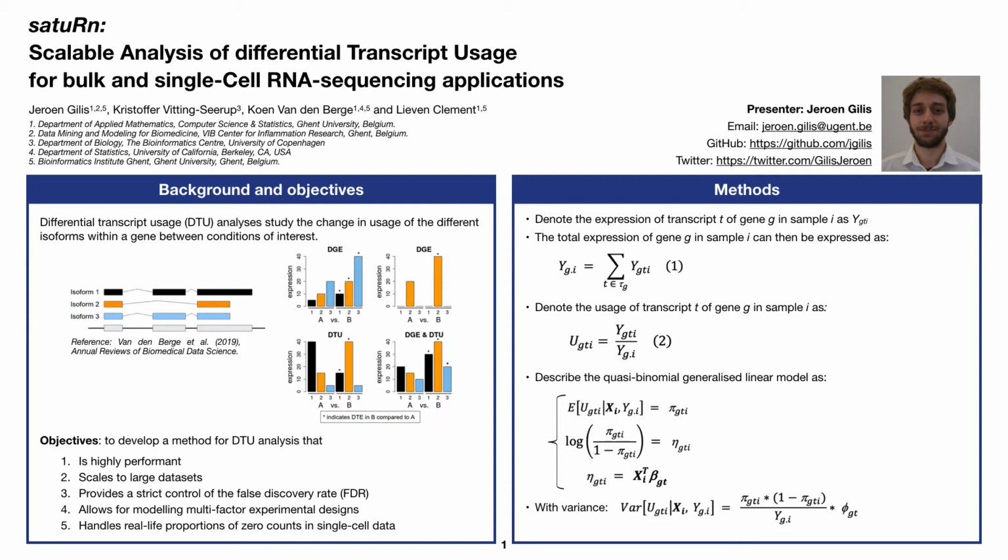Now, when we perform a classical differential gene expression analysis, for instance with edgeR or DESeq2, we focus only on the total expression output of a gene, without recognizing the fact that the different isoforms within that gene could be expressed in completely different proportions. Therefore, differential transcript usage analyses, or DTU analyses, provide an extra layer of information on the same experiment.